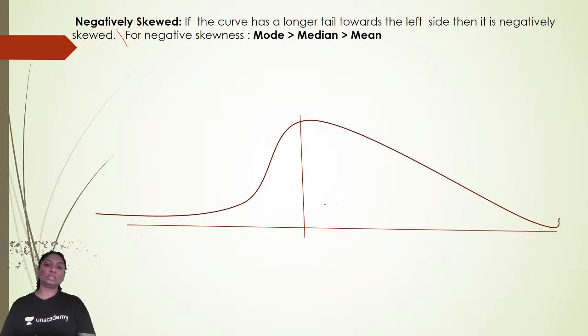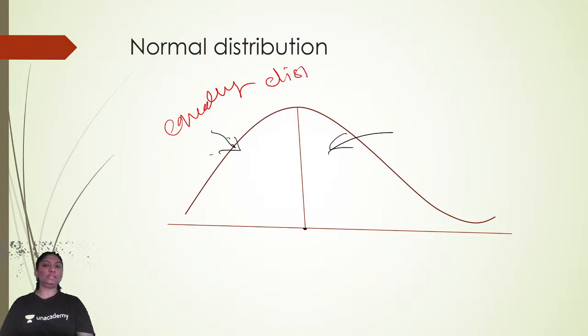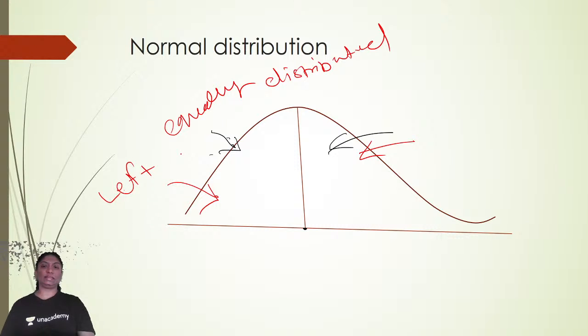Whatever the skewness is here, it is compared with the normal distribution, because it is assumed to be equally distributed on the left side and the right side. So skewness means lack of symmetry, and whatever lack of symmetry there is, it is compared with the normal distribution.